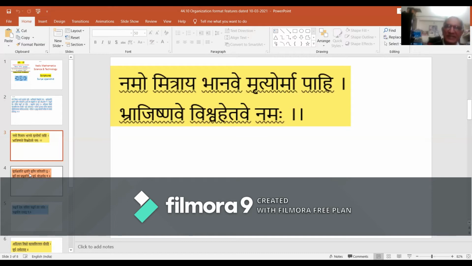The second sentence is Brajishanave Vishvahetve Namaha.